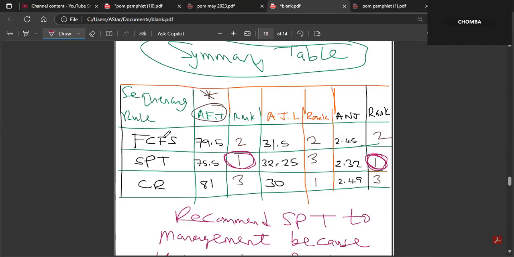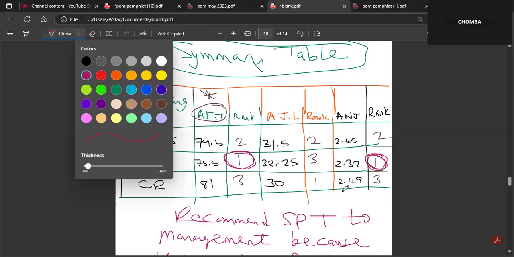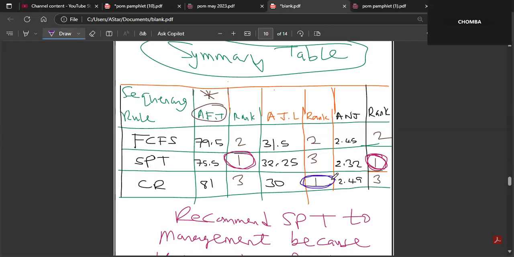If first come first served ranked one somewhere, SPT ranked one somewhere, and critical ratio ranked one somewhere, the way it is for critical ratio here, we cannot recommend it because the dominance is SPT. But if it was 50-50, where each sequencing rule was being favored by maybe average flow time, we would recommend all of them based on the criteria that favors that sequencing rule. Is that okay?